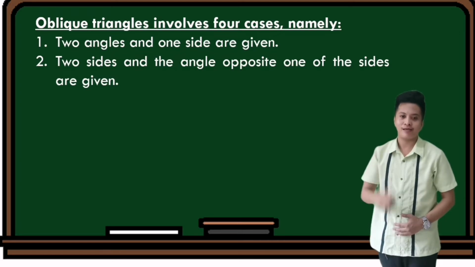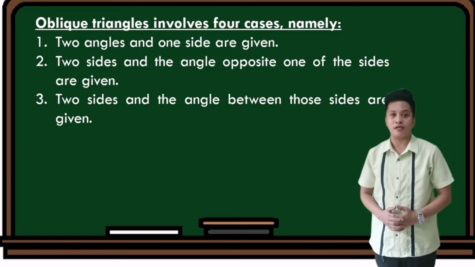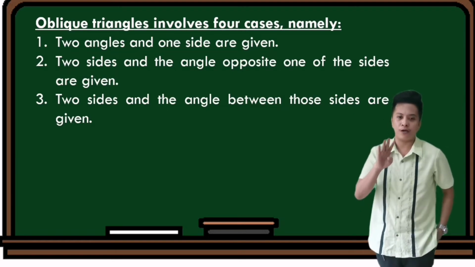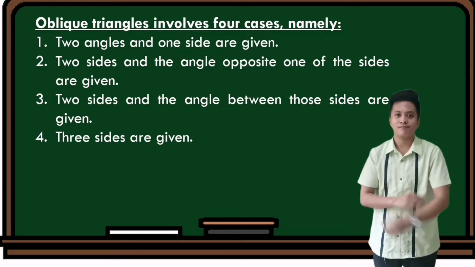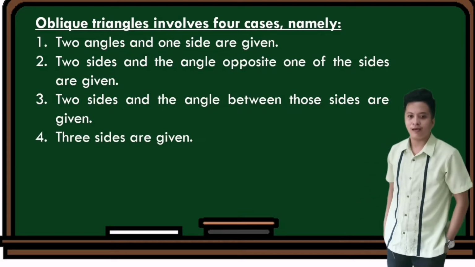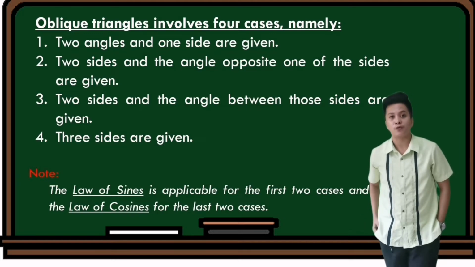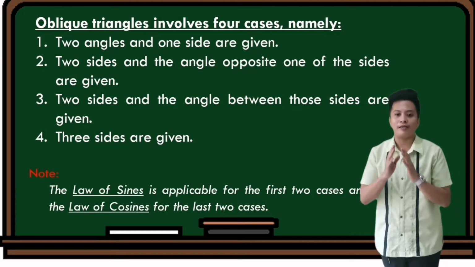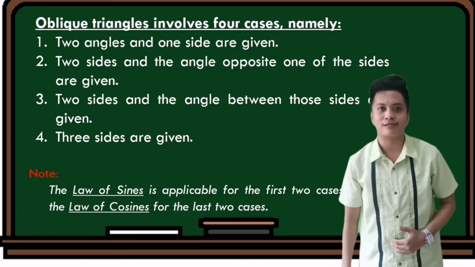Number 3, 2 sides and the angle between those sides are given. Number 4, 3 sides are given. Note, the law of sines is applicable for the first 2 cases, and the law of cosines for the last 2 cases.